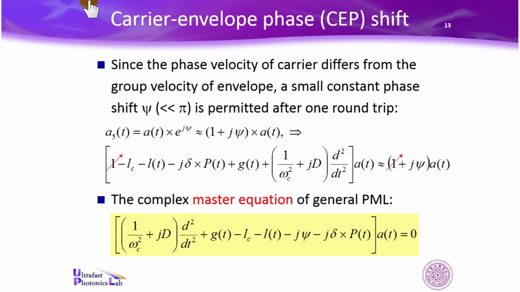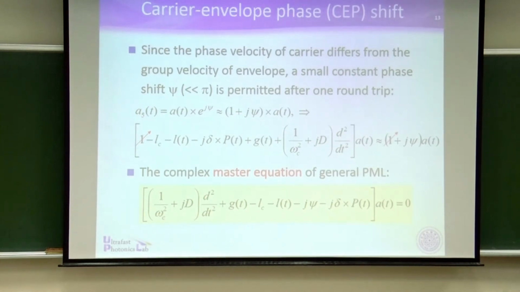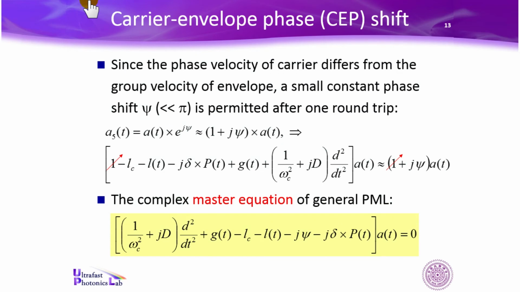It's basically a second order ordinary differential equation. You can see the second order time derivative here, so it's a second order ODE. As long as the effect of each element is quite weak, remember, we have assumed self-phase modulation, dynamic loss, gain, and the CEP are relatively weak per round trip, then this equation should work.